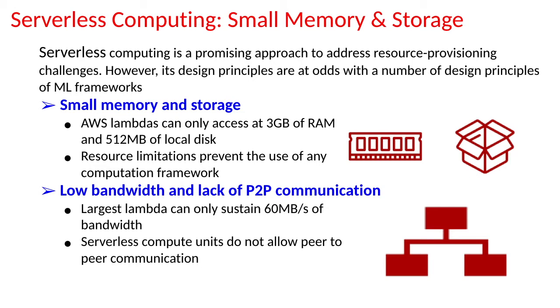The largest AWS Lambda can only sustain 60 MB of bandwidth, which is lower than the 1 GB of bandwidth available in medium-size VMs. Also, serverless computing units such as AWS Lambda do not allow peer-to-peer communication.